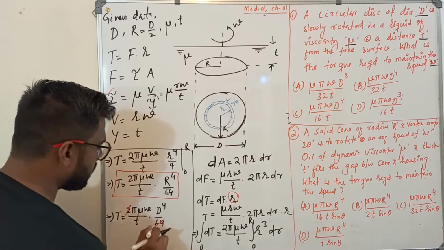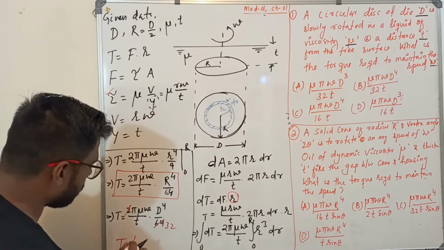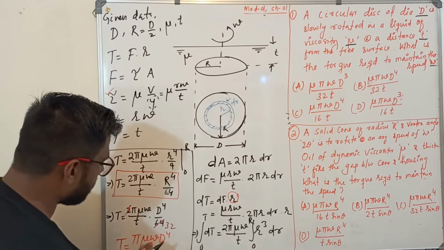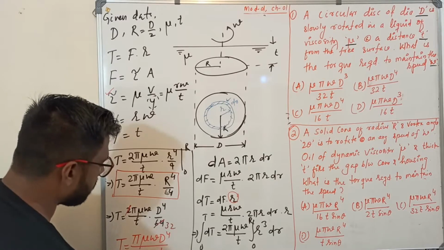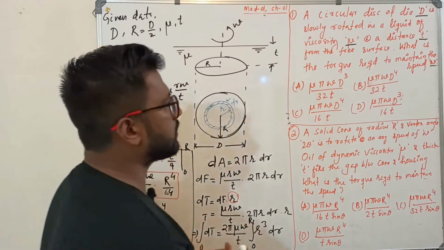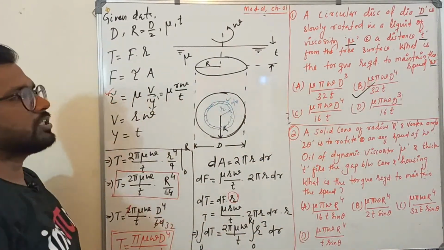Cancelling, we get 32. So my answer is T equal to pi mu omega d fourth by 32t. Option B. You understood now?